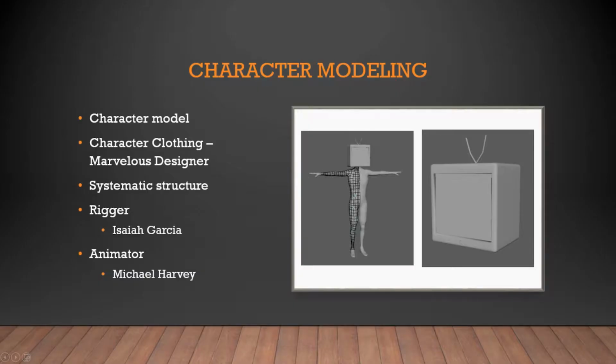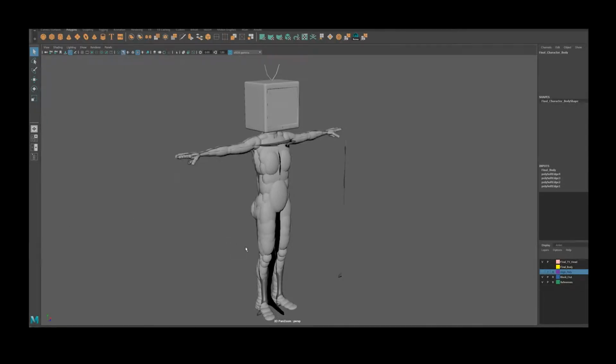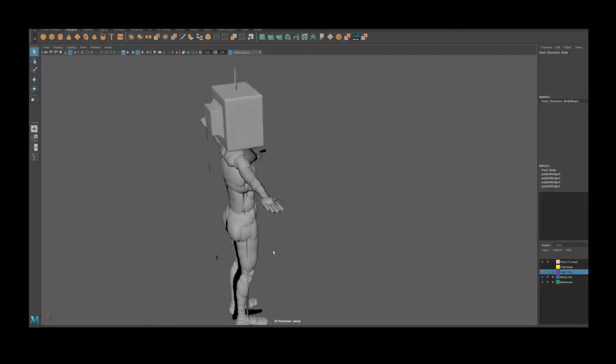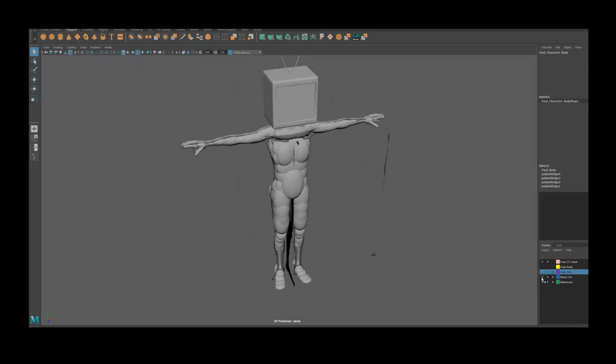So for my character modeling, I went ahead and made a T-pose and then took my character's T-pose into Maya, made a simple block out with spheres, and modeled the head, which was separate from the rest of the body.